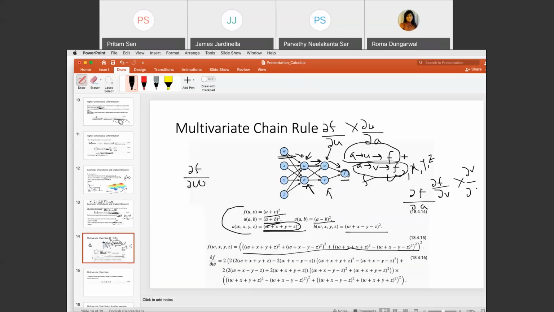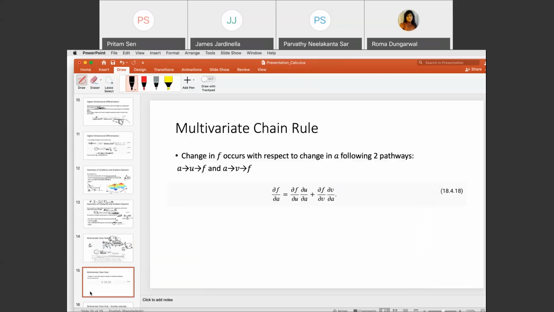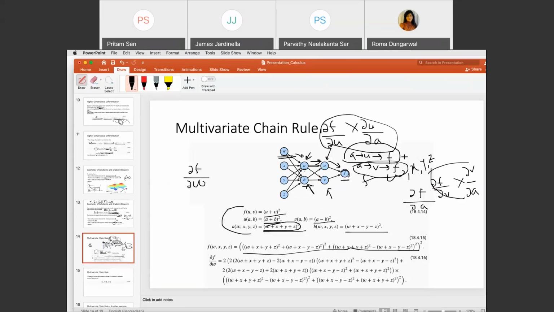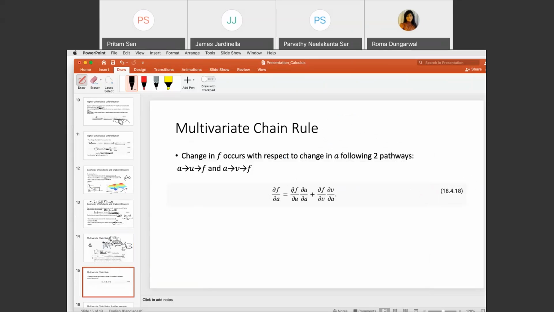So we can calculate these two, this one and this one, and sum them. The change in function f with respect to u, and the change in u with respect to a, and the same for these two paths. So for the multivariate condition, we can also apply a similar kind of chain rule.